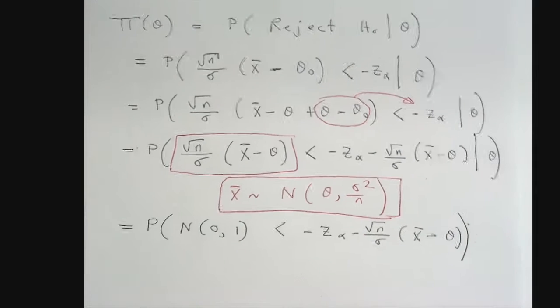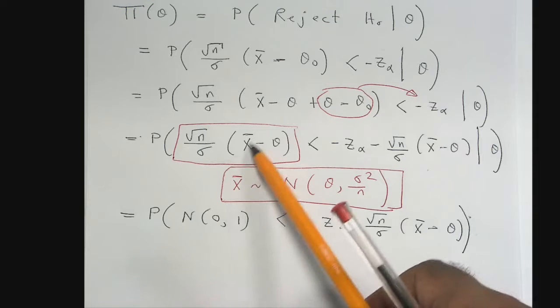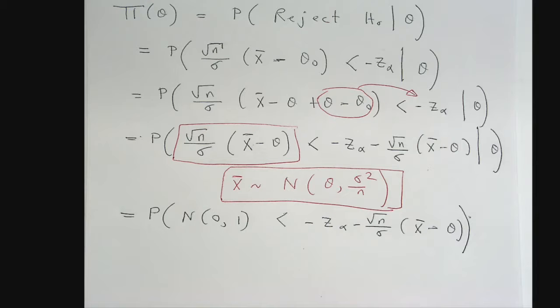Now we can drop the conditioning, guys, because we have used the conditioning to argue that this has the standard normal distribution. So the condition is no longer needed, right?